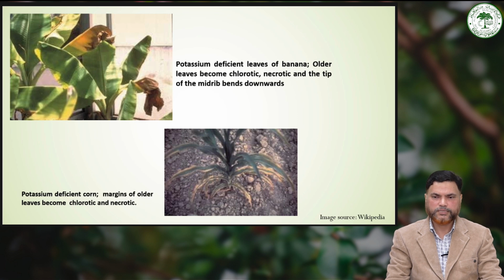So, if there is an initial deficiency of potassium, it could be easily observed by seeing which part is affected. Farmers could identify the deficiency of potassium by visually observing chlorosis and then necrosis at the margins of the leaf.